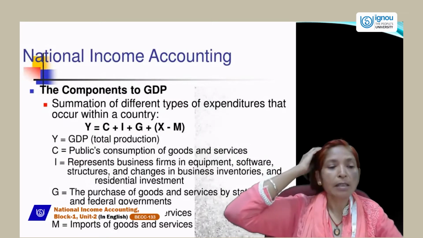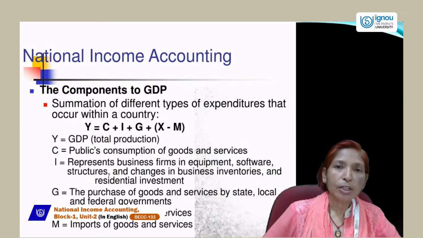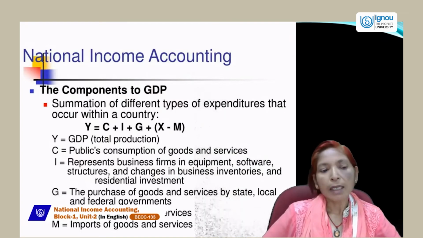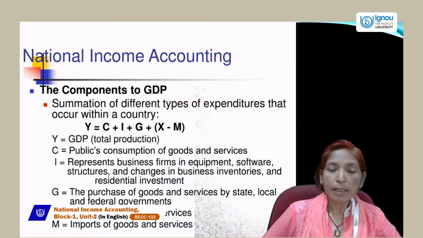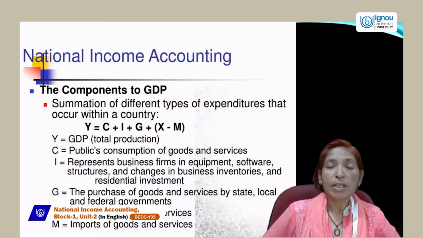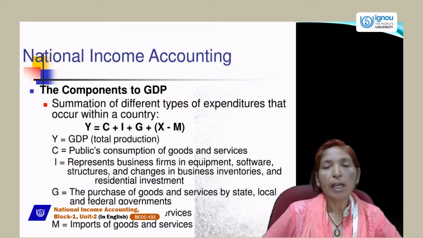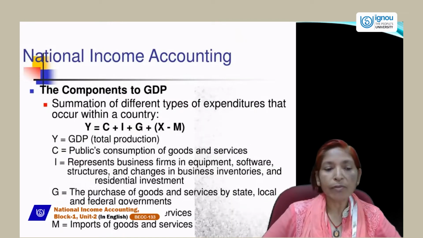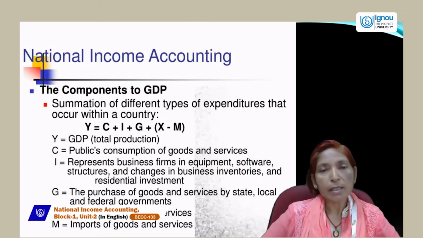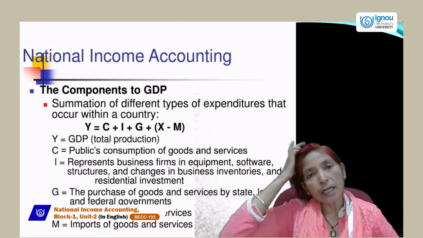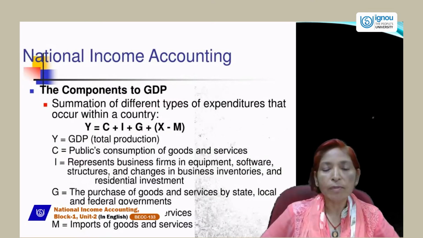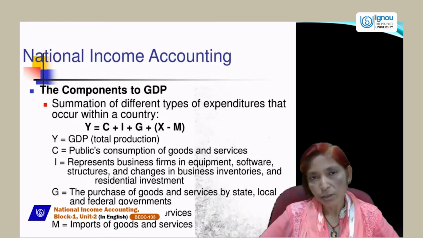So here Y is GDP or total production, C is private consumption of goods and services, and I represents business firms. Business firms generally spend their money on purchasing plant and machinery, equipment, software, structures, changes in business inventories, and residential investment. G is the purchases of goods and services by state, local, or central government.